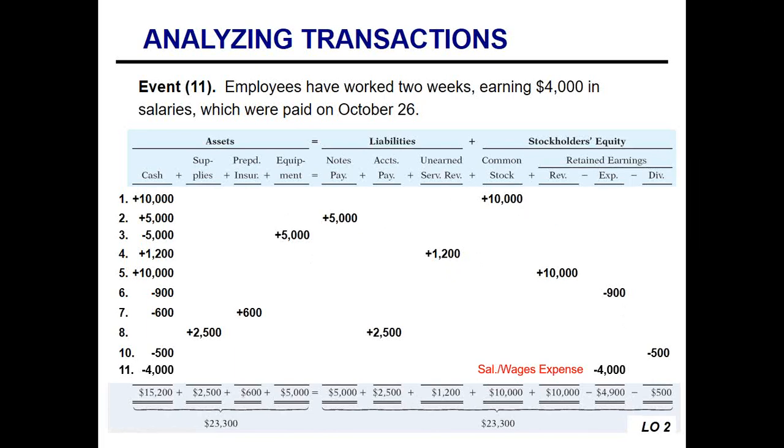I would want to look at that and see if I've earned any of that revenue before I prepare a financial statement. Here we have prepaid insurance. I would want to look at that and see if some of that has now been used up. This was a year policy, so I'm assuming 1 month of that, or $50, should now be an insurance expense. Supplies. I probably don't still have $2,500 worth of supplies on hand, so I'll need to make an adjustment.